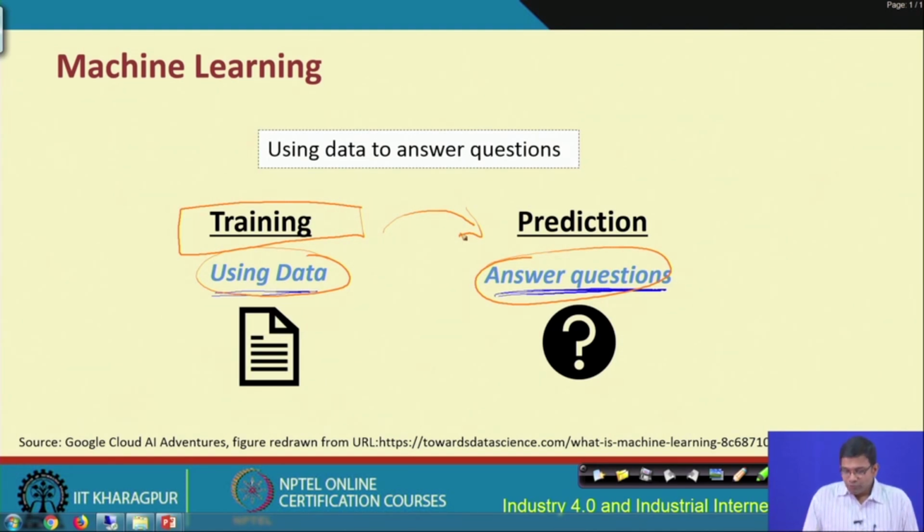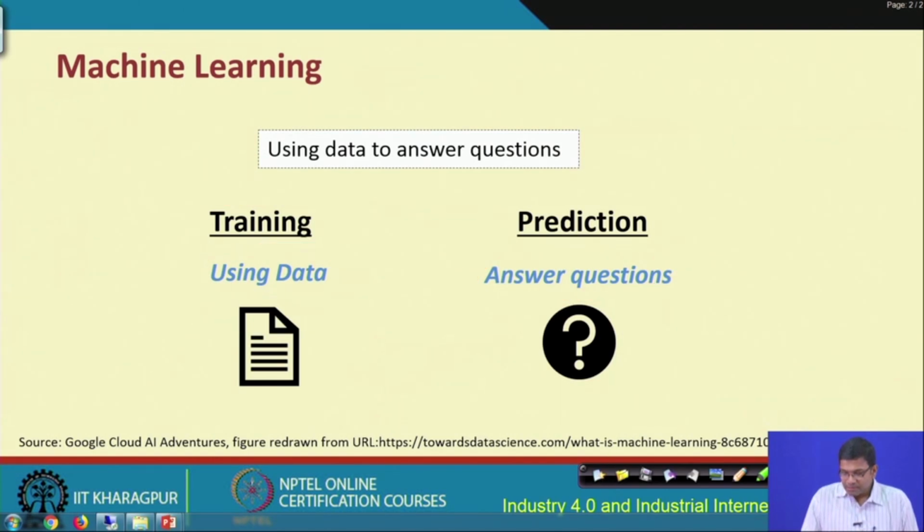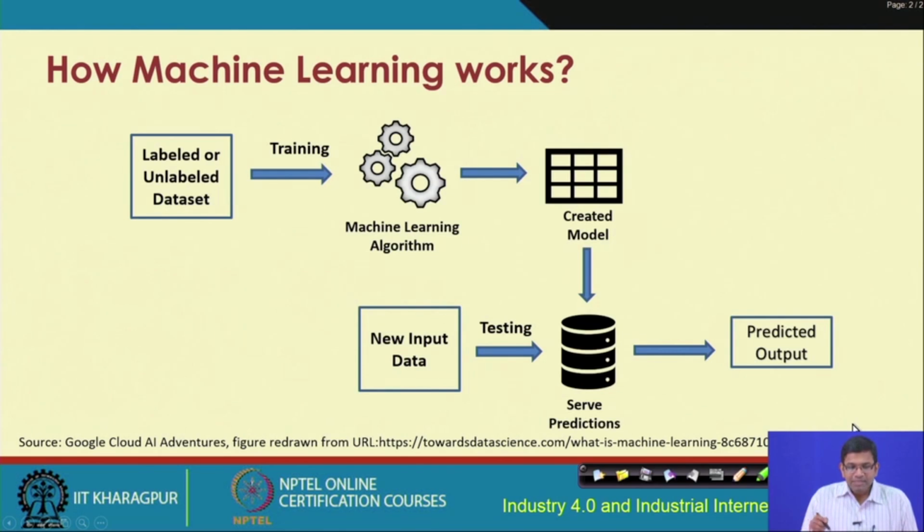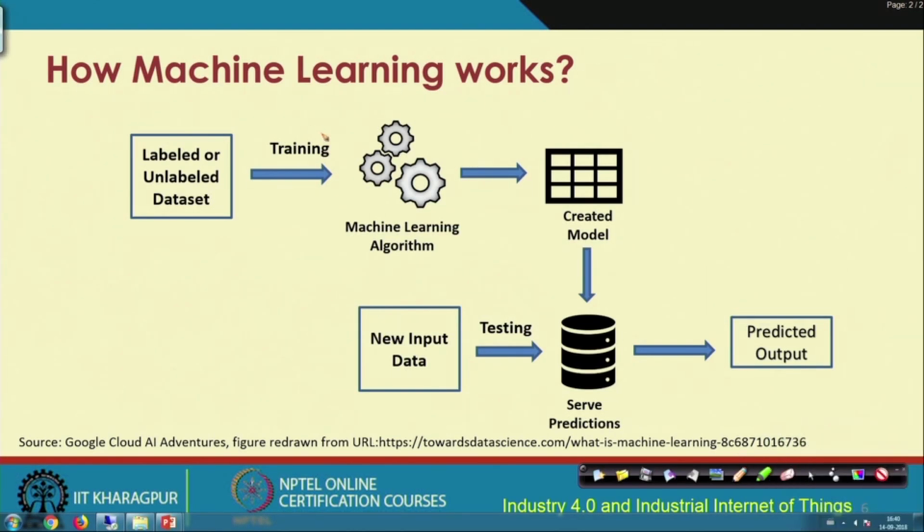So, let us move forward and try to understand a bit more about machine learning. So, how does machine learning work? For machine learning, what has to be done is that you need some kind of training data.